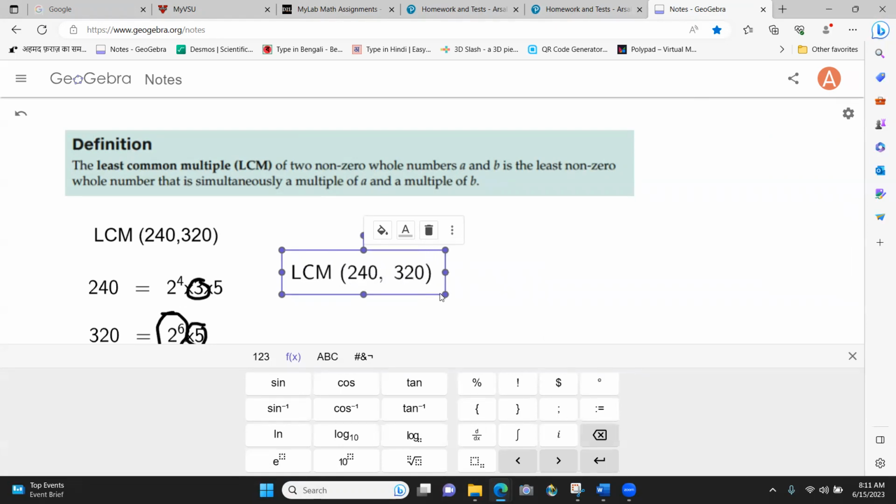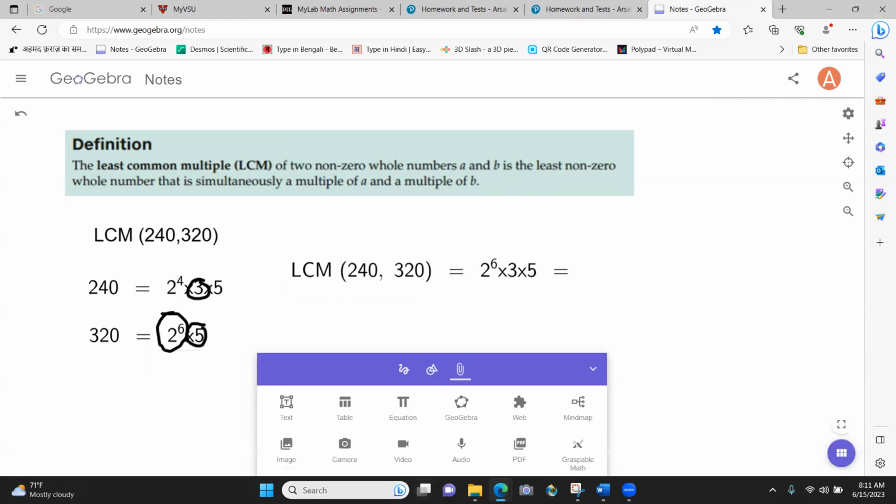So the lowest common multiple of 240 and 320 is going to be 2 to the power 6 times 3 times 5. And I'm going to use my calculator to find it, and I'll show you that it is at least a common multiple.